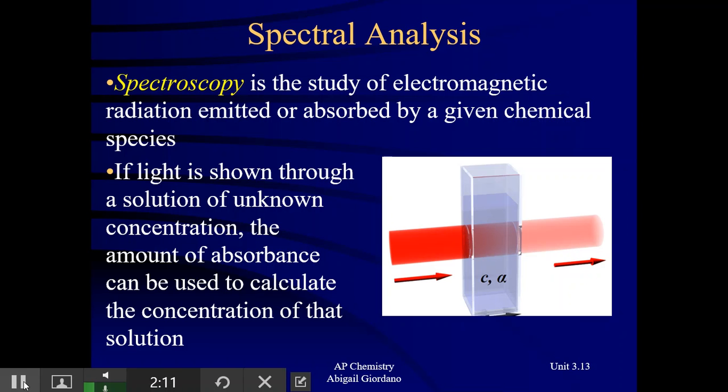If you were to shine a beam of light through your glass of Kool-Aid, very little light is going to get out the other side because there's more dissolved solute particles in the glass that are going to block that light. So your Kool-Aid would have a high absorbance. It's absorbed most of the light that you tried to shine through it.